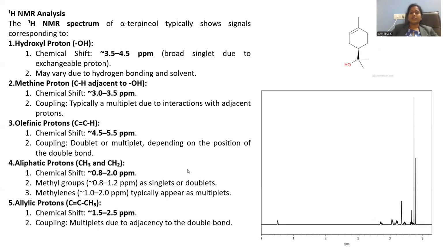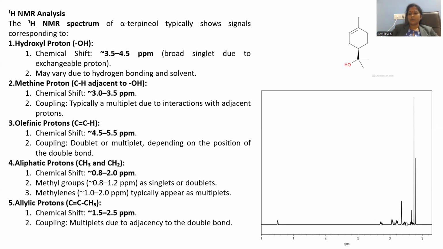Let's go to another segment, the proton NMR spectroscopy analysis for the compound alpha terpineol. When alpha terpineol is subjected to proton NMR spectroscopy, the nature or environment of the protons gives characteristic peaks.